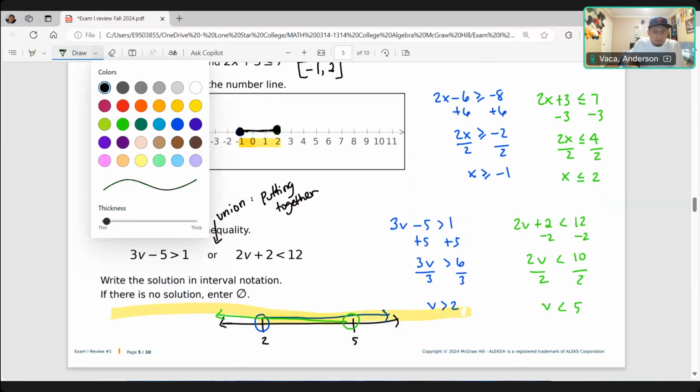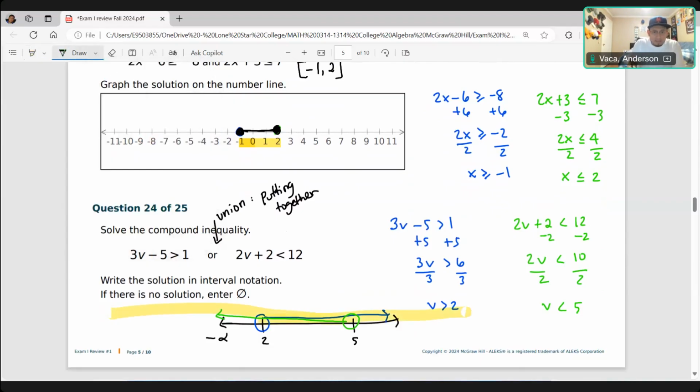That means that no matter how you look at this, we're going to pick every single thing here, and we're choosing all the numbers on the number line. Okay. We're choosing all the numbers greater than 2, the numbers less than 5.